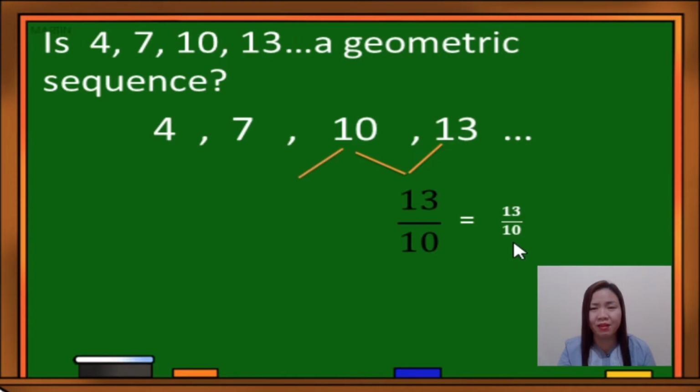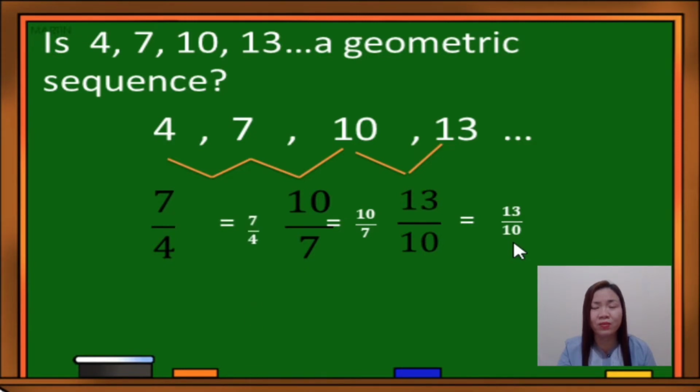Let's proceed to another. We have 10 and 7, so 10 divided by 7, the answer is 10 over 7. And again, 7 over 4, the answer is 7 over 4.